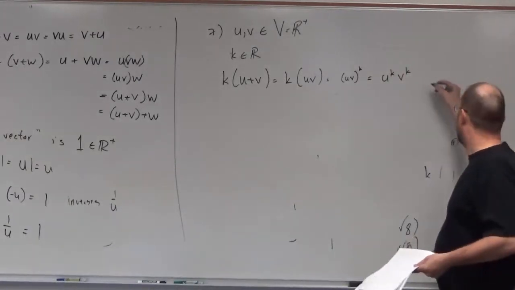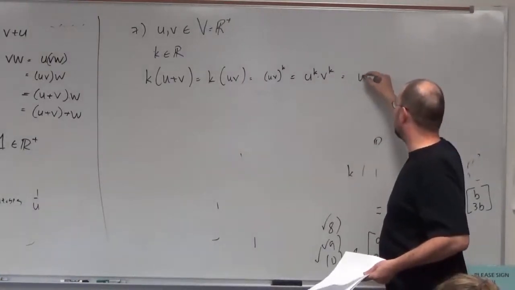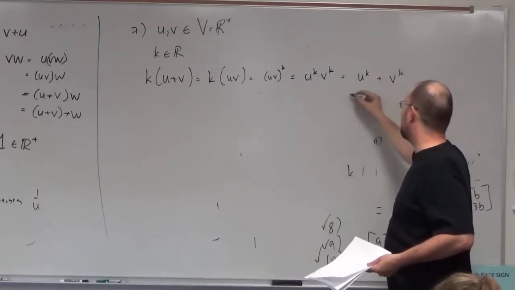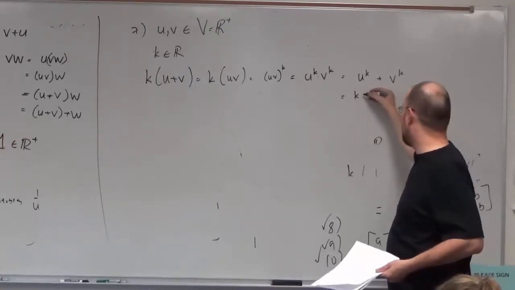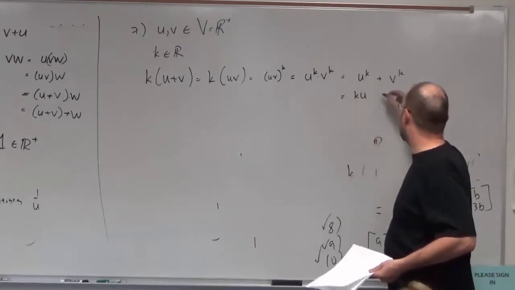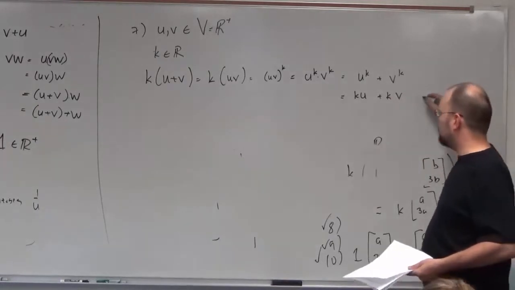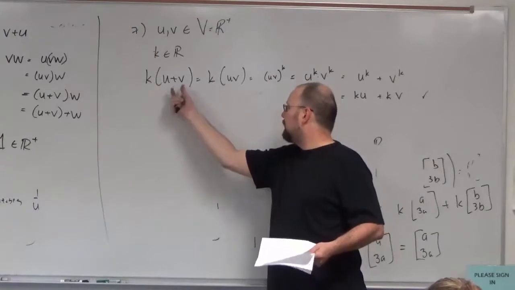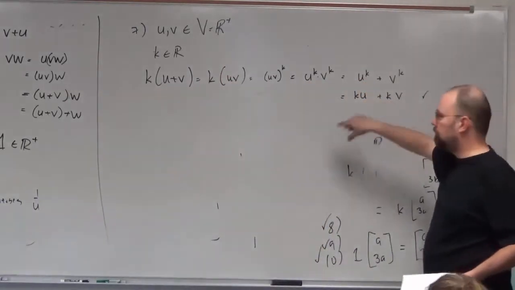Good. Now this is multiplication of numbers, so we define that as addition. I know this is foreign, but I wanted to show you that this can get fairly abstract if you want to play that game. And then u to the k is the way we define scaling, and so that property works. Scaling the sum of two vectors is the sum of the two scaled vectors.